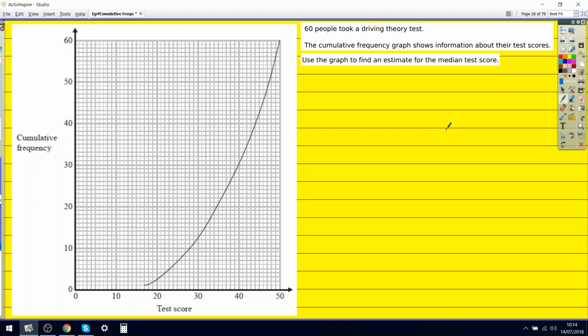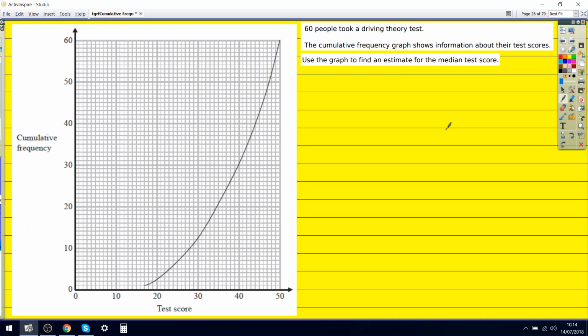Yeah. And that is 30 and a half, so that is the 30.5th person, driver. And so on cumulative frequency, you could go to 30.5, go across and hit the line.